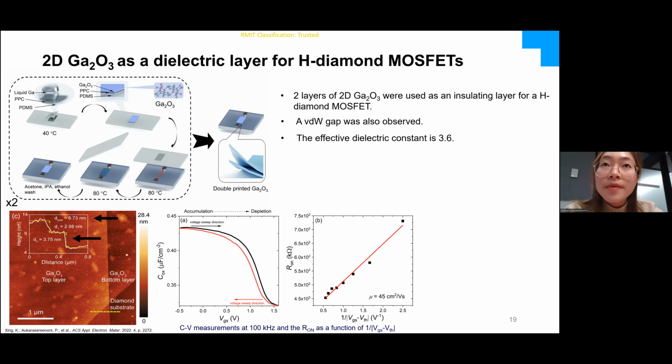I think it's quite uniform, because the way we made it is with the transfer technique. We first print the gallium oxide onto the stamp, and then I look at the gallium oxide on the stamp and select a good, homogeneous area to be put on top of the devices.